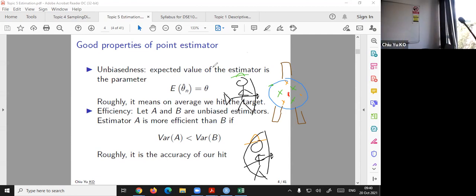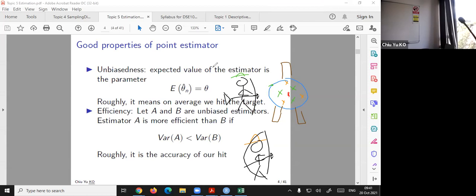You would prefer the green guy, because the green guy is closer than the orange guy. On average, they're both hitting the target. So between A and B, if A has smaller variance than B, then A is more accurate.